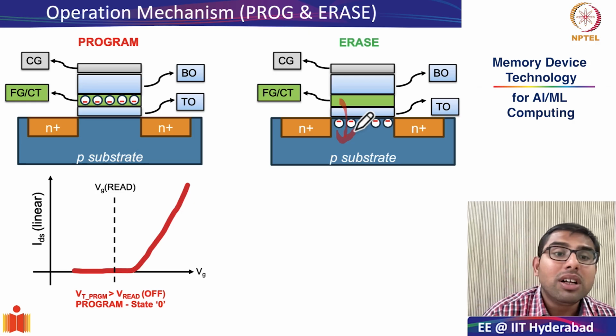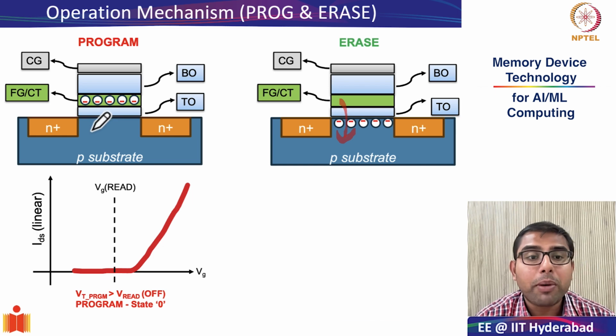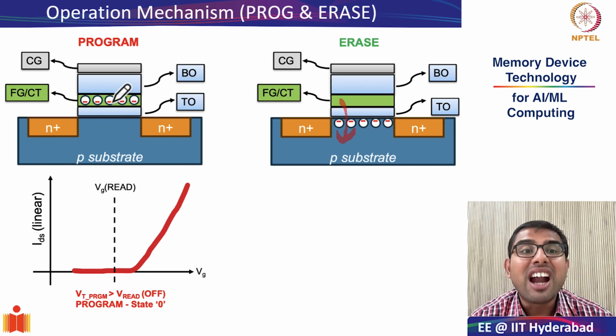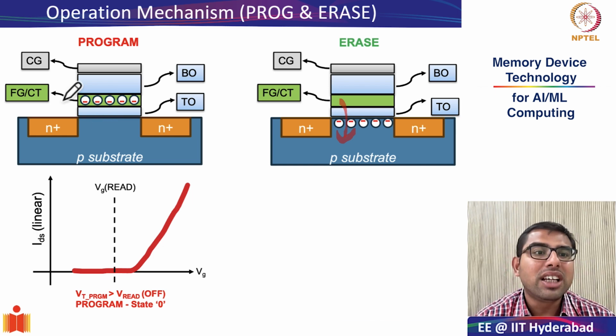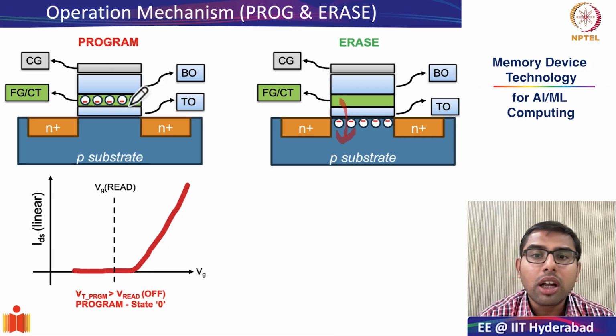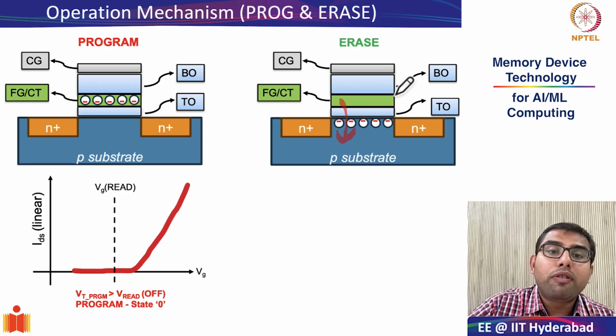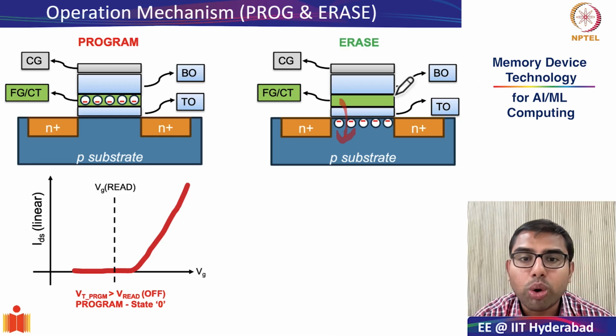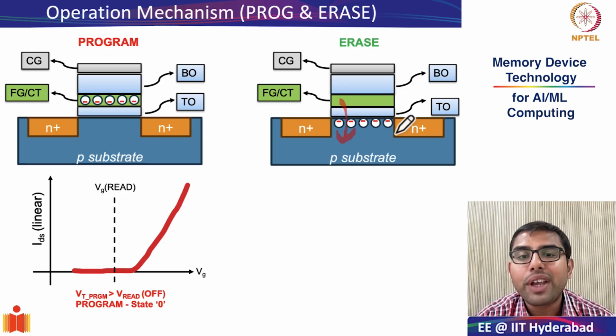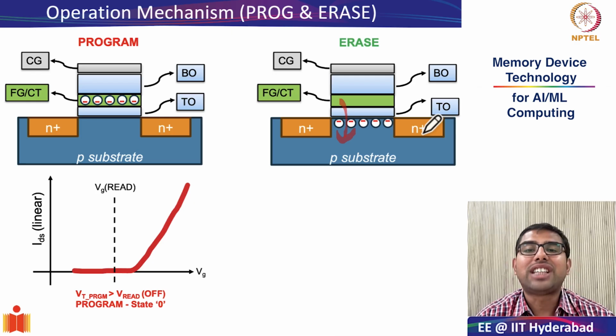So in program, free carriers present in the channel are made trapped carriers inside the charge storage layer, whereas in the erase operation, trapped charges inside the floating gate layer or charge storage layers are pushed out and made free carriers in the channel region.